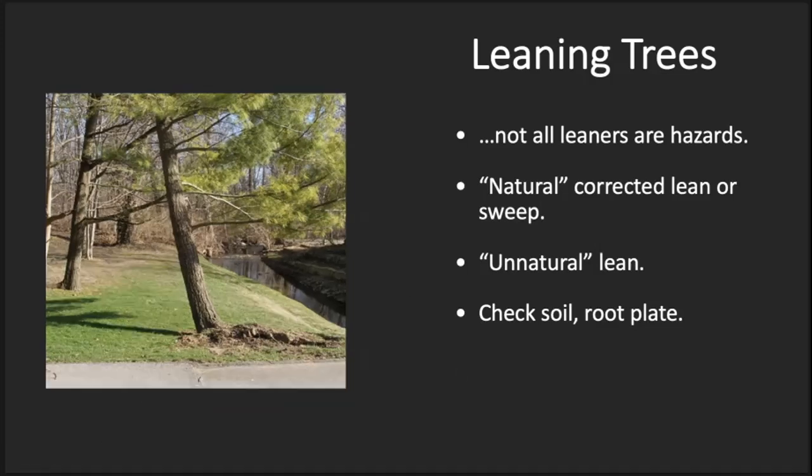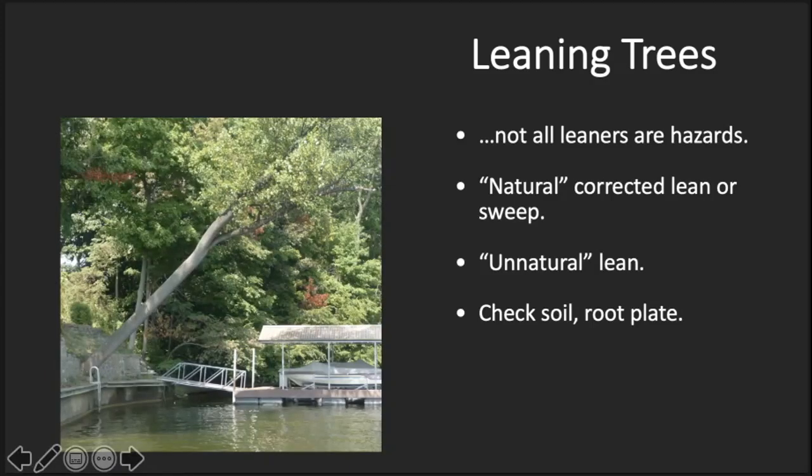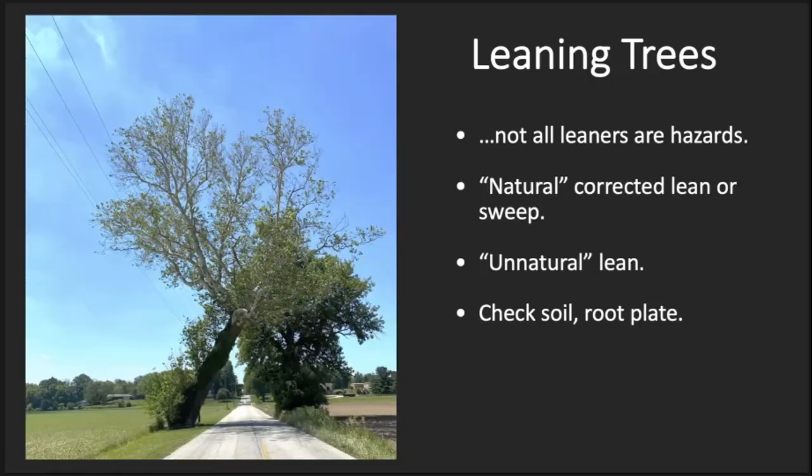Now on a corrected lean, you'll see adapted to that growth habit. Similar to this sycamore tree, this tree has been there since the early 1800s, but you can see it's natural in the fact that it's corrected and compensated for the weight and balance. So not all leaners are dangerous.